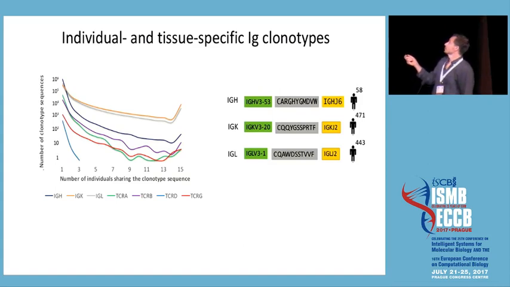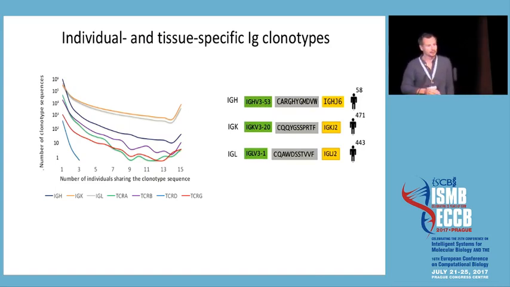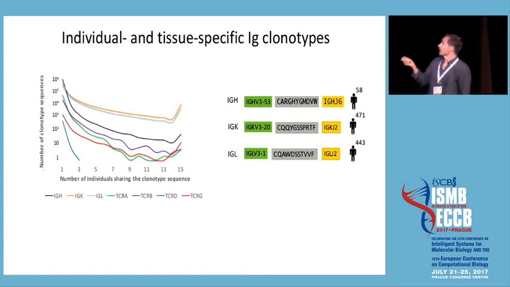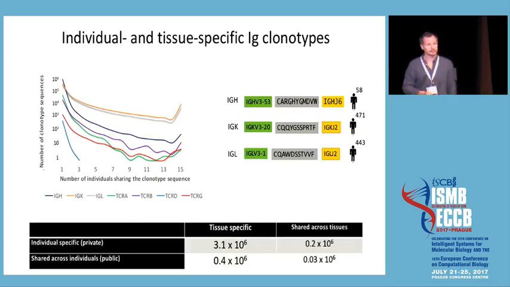For example, for IgH, the heavy chain, we found a particular CDR3 sequence present in 58 individuals. The light chains, which are less diverse, are expected to be more public, and we see a couple of CDR3 sequences present in almost the entire GTEx cohort. We also asked whether public clonotypes are more tissue specific, and the answer is no. We see the majority of the assembled CDR3 clonotypes being both tissue specific and individual specific.